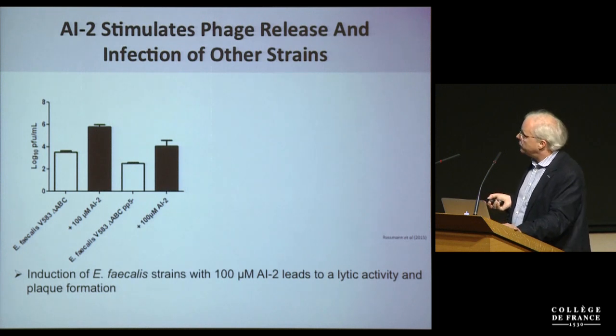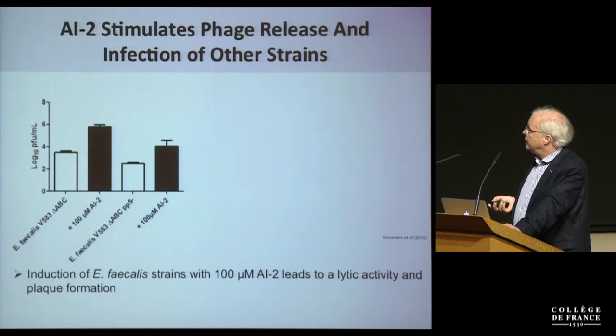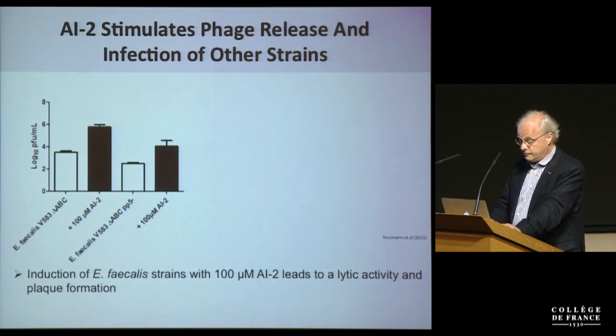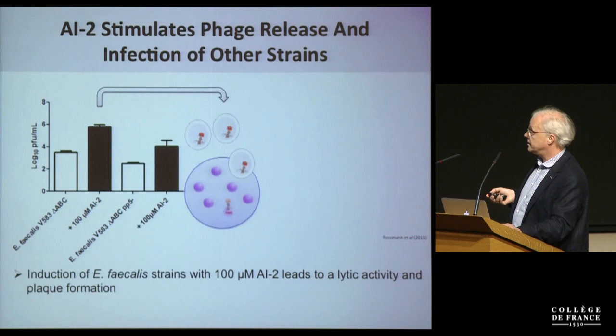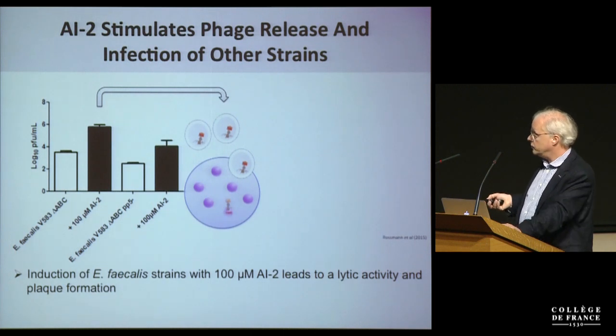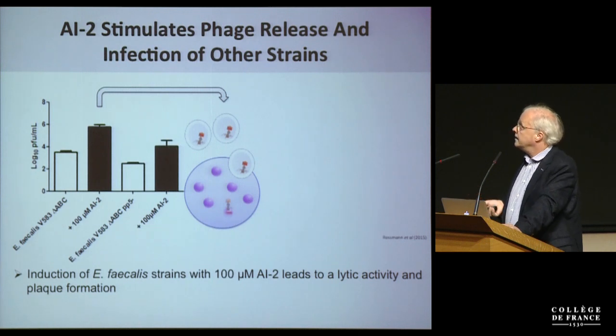Now I'm going to show you that what I've showed you before also works in different strains. So this is the assay that I've showed you before. We used the wild type strain containing the 7 prophages.